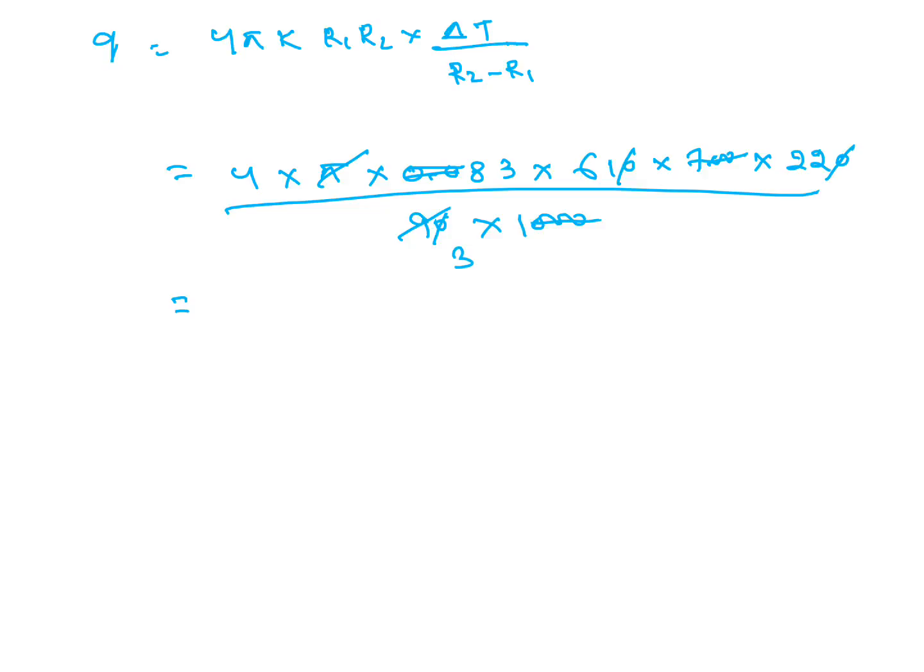So approximately 20. 20 into 83 is 1660. 166. 4 into 22 is 88.